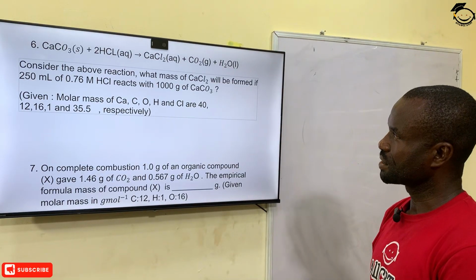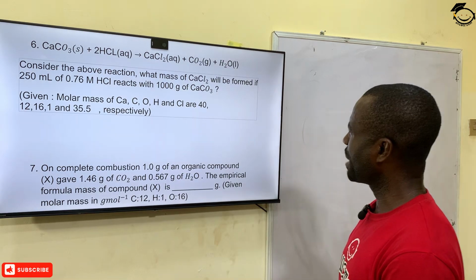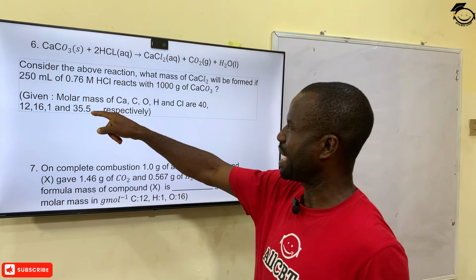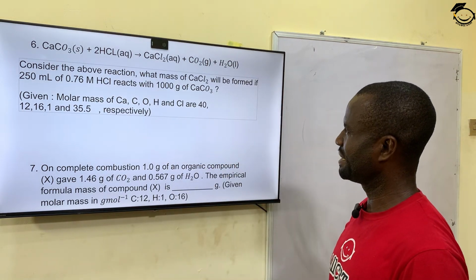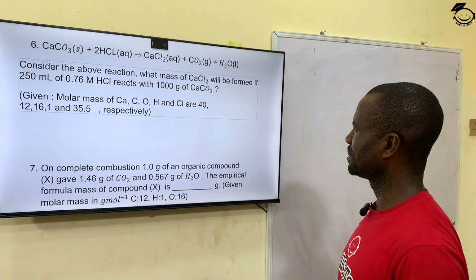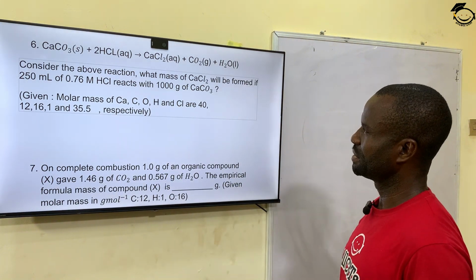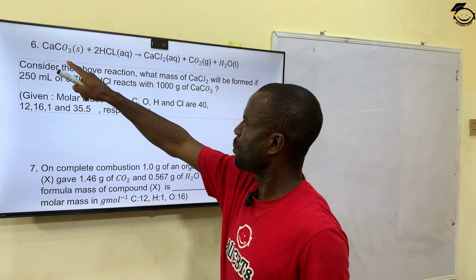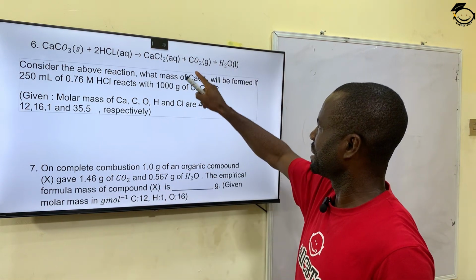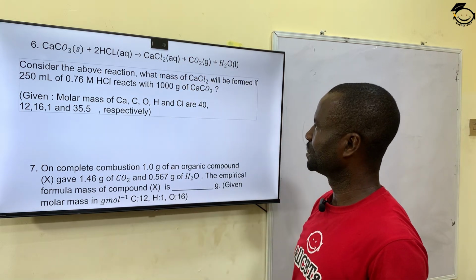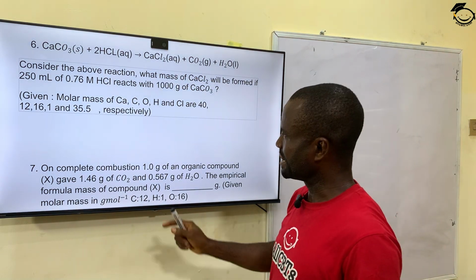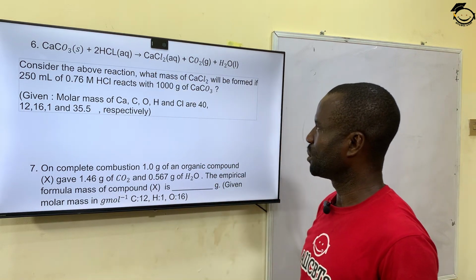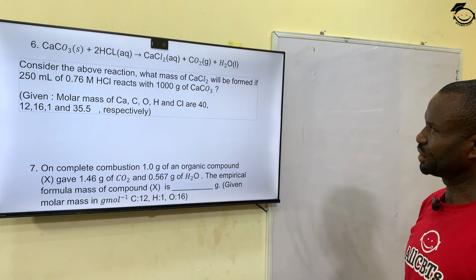The next question says, consider the above reaction. What mass of calcium chloride will be formed if 250 ml of 0.7 molar HCl reacts with 1000 of calcium carbonate? Mind you, if you look at this equation of reaction, 1 mole of calcium carbonate gives you 1 mole of calcium chloride. At the same time, we have 2 moles of HCl equivalent to 1 mole of calcium chloride.